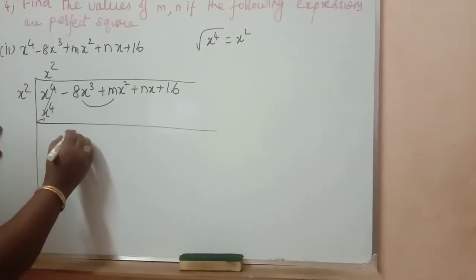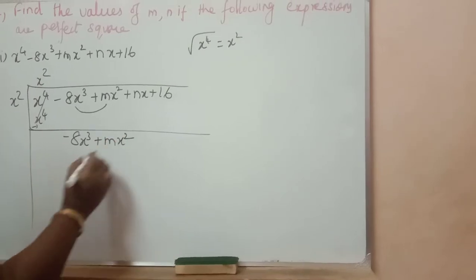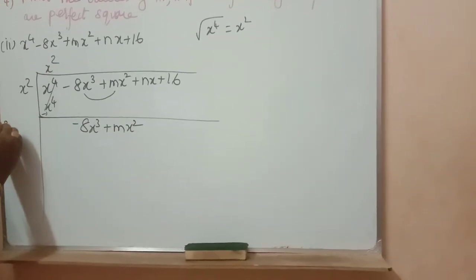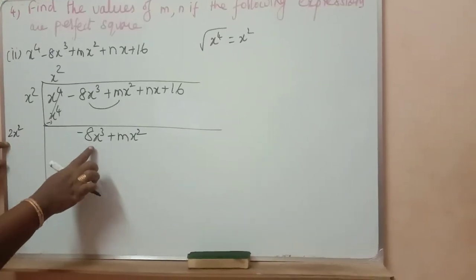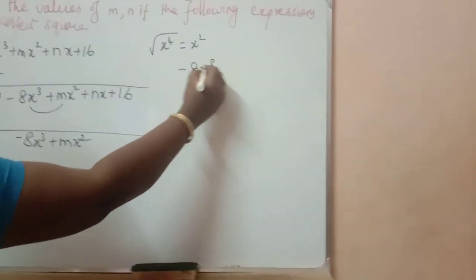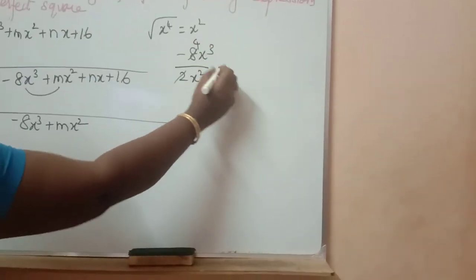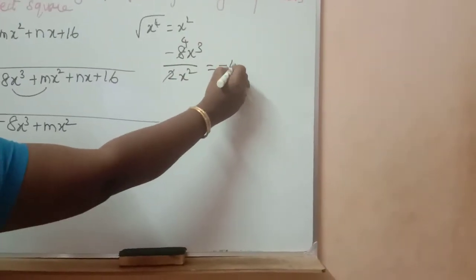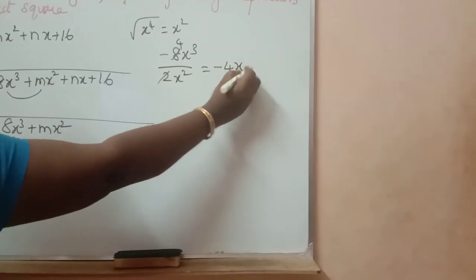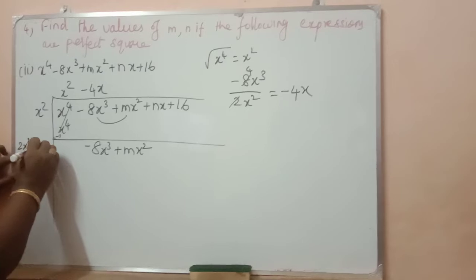Next you take the next two terms, minus 8x cube plus mx square. Left hand side, multiply by 2, 2x square. Now first term by first term, minus 8x cube by 2x square. Different sign, minus 4x cube by x square, x. So minus 4x and here minus 4x.